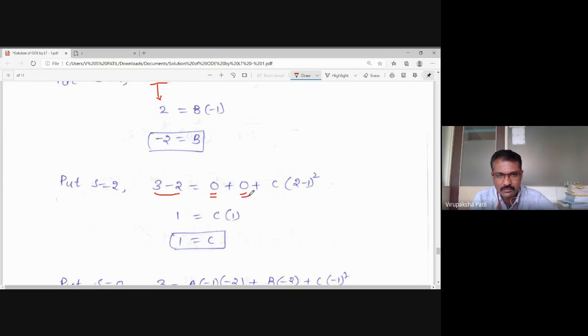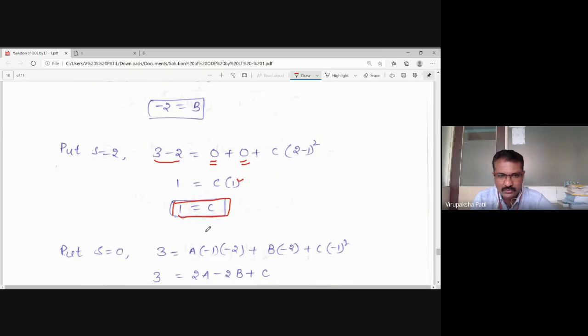The b coefficient becomes 0, so this term becomes 0. So c into 2 minus 1 whole square, which will be what? 2 minus 1 is 1. 1 whole square means you will get this as 1. So c is equal to 1, because 3 minus 2 is 1. So you get c is equal to 1.